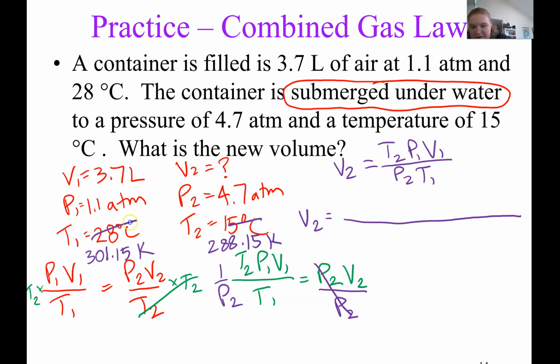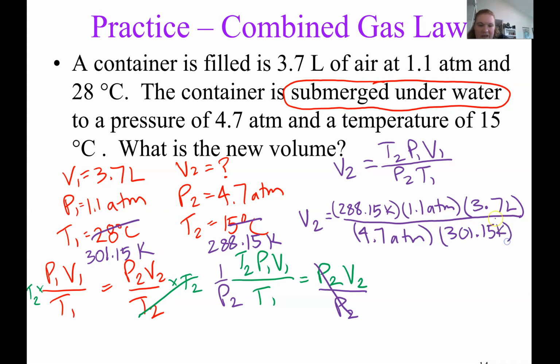So now we have some better temperatures to use. So temperature 2, pressure 1, volume 1, pressure 2, and temperature 1.